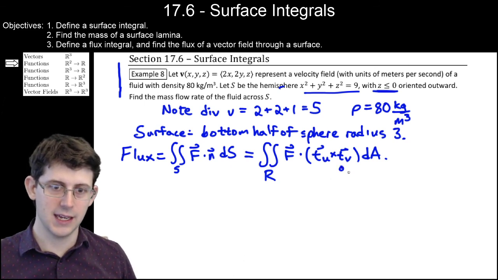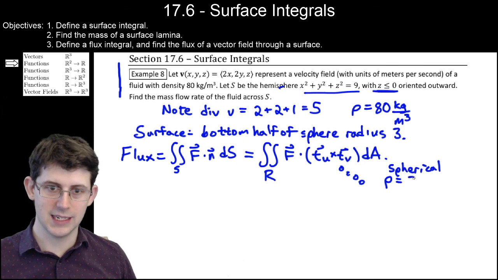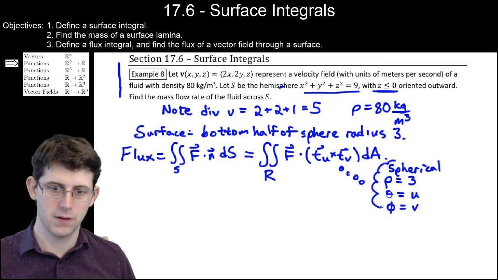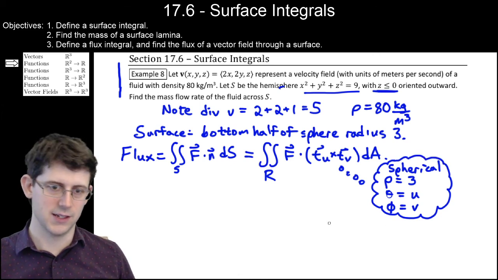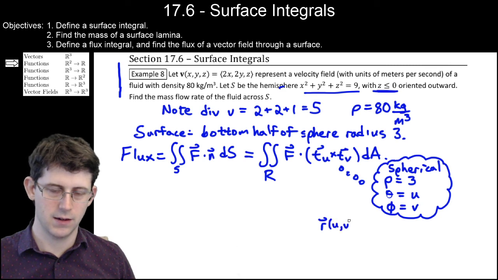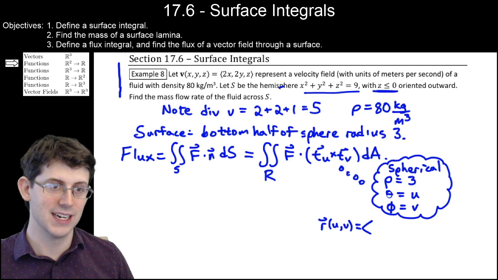So we will think our parameterization is that we'll use spherical coordinates, because it's a sphere. The radius is 3. We'll have theta, and I'll just call the theta u, and we'll have phi, which will be our v. In that case, there's the standard parameterization, which I've calculated from scratch over and over.